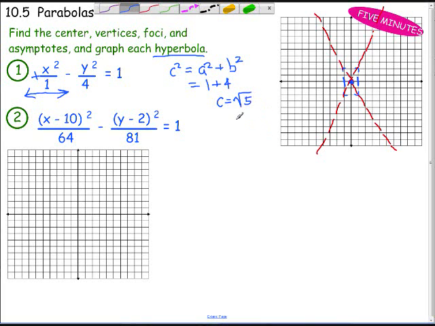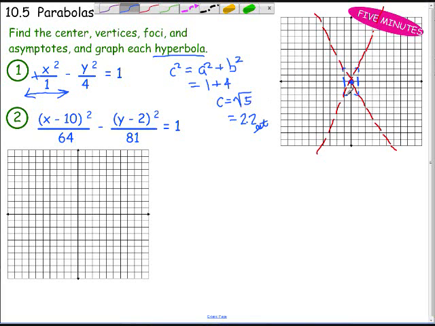Now you could very quickly on your calculator find what the decimal equivalent of that is. I'm just going to estimate it. I know it's greater than the square root of 4, which would be 2, and much less than the square root of 9, which would be 3. So I'm going to say, for an estimate, for graphing purposes, right about there.